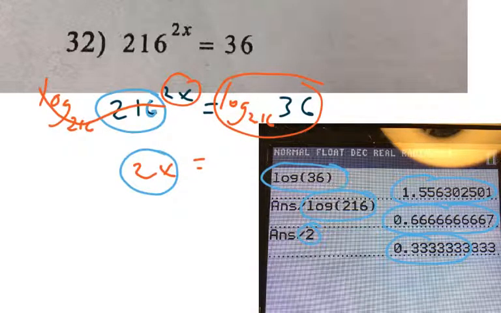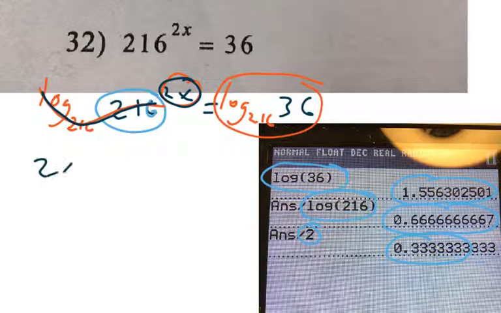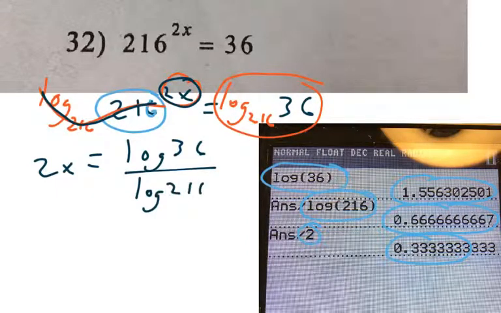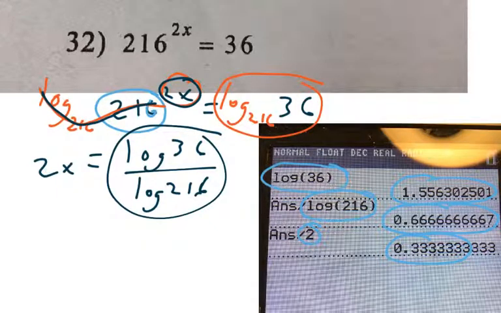Okay, so let me go ahead and show my work here. As a matter of fact, let me just shift this over here a little bit. So when the log of 216 cancels out the 216 base, I'm left with 2x equal to basically the log of 36 divided by the log of 216. See, what I did was use right here the change of base rule.